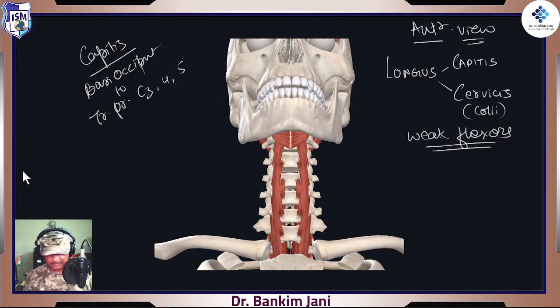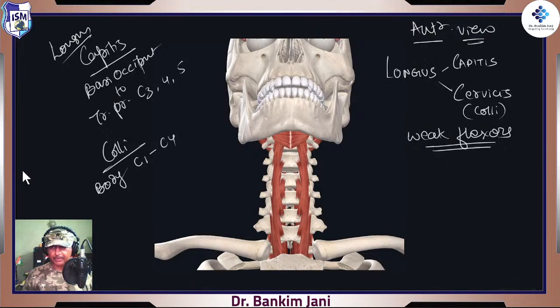What about the cervicis or colli? All longus, both of them. They start their journey from C1 to C4, from the body, and then they go towards C5 to T4, the body.